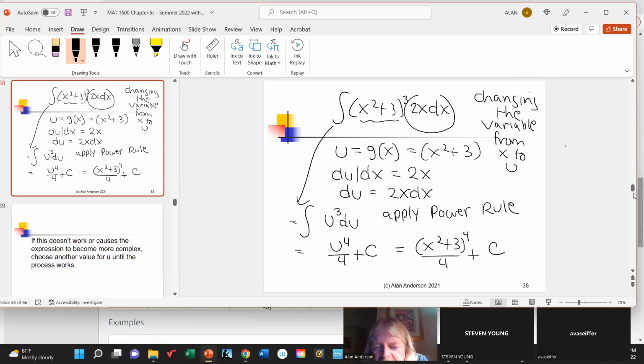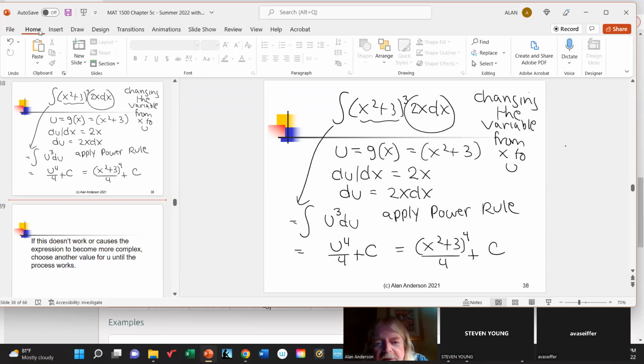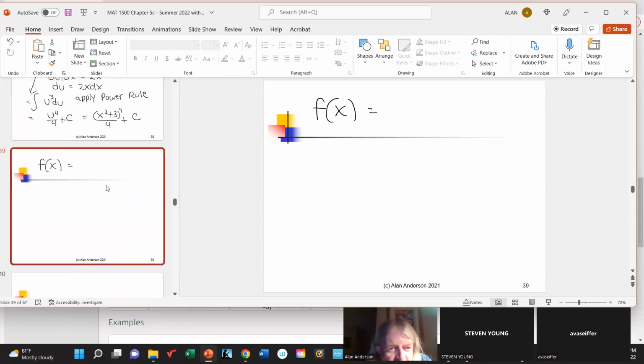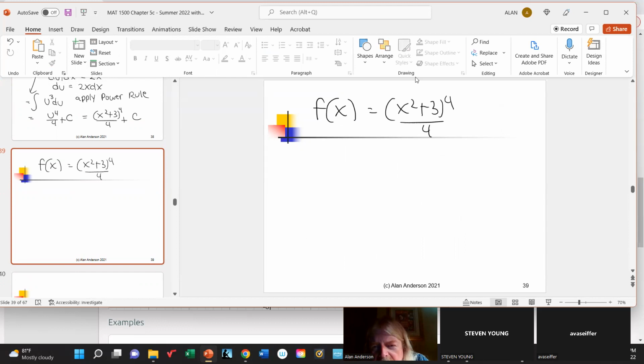And if you apply the chain rule here, you can always check the results with integrals by taking their derivatives. So if your original function had been this result we just got, x squared plus 3 to the 4th power over 4. We don't have to worry about the constant because its derivative is 0.